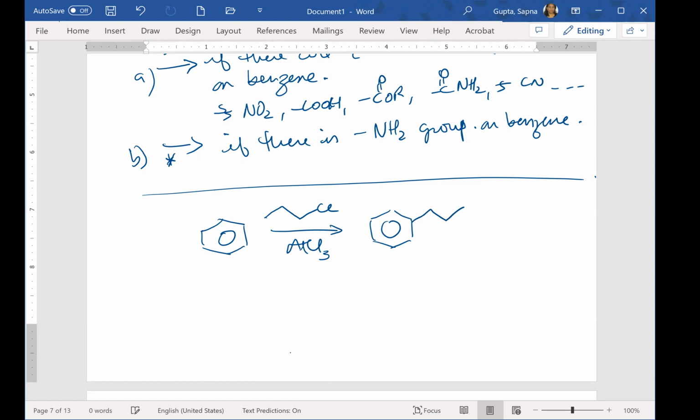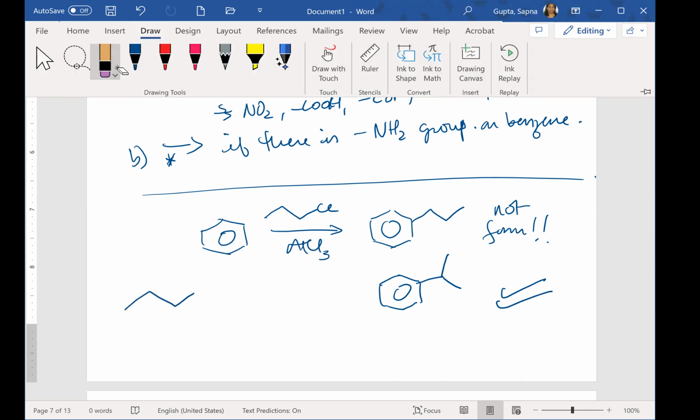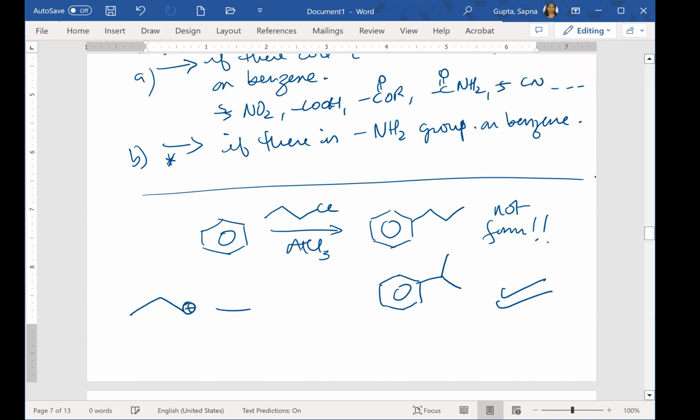I said to you that this one will not form, because it will undergo rearrangement and give you this. The propyl cation is a primary carbocation, which will then rearrange to give you an isopropyl carbocation. So we talked about this already.